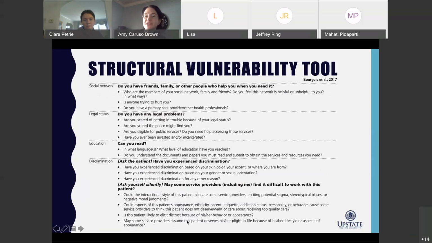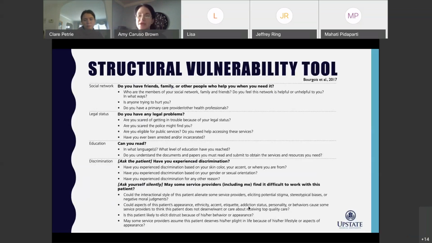So asking patients, have you experienced discrimination based on any of these things, but then also asking ourselves, could the interactional style of this patient alienate some service providers? Could it elicit stigma? Are there aspects of the patient's experience, a patient's appearance, ethnicity that may affect how they receive their care, or how service providers treat them? Might they elicit distrust?